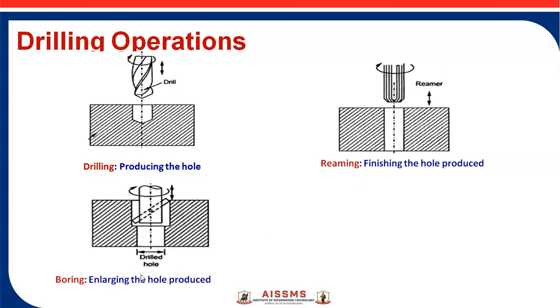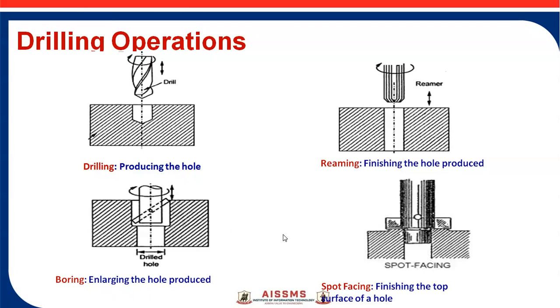Next is boring. Boring is similar to that on a lathe machine. It is the enlargement of an existing hole where the requirement is an odd size. Enlargement of an existing cylindrical hole is called boring. Next is spot facing, which means finishing the top surface of the hole.